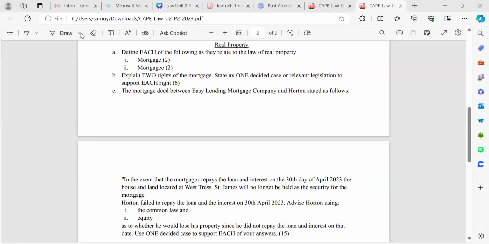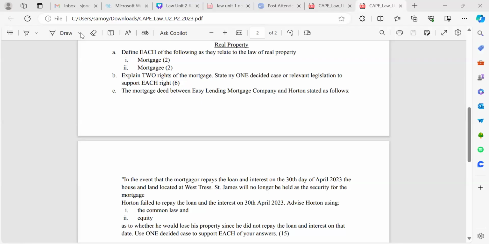I don't know exactly how to put it into words, but essentially, the right to redeem is where the mortgagor has the right to redeem the property by discharging or terminating the debt that was secured by the mortgage within a reasonable amount of time.